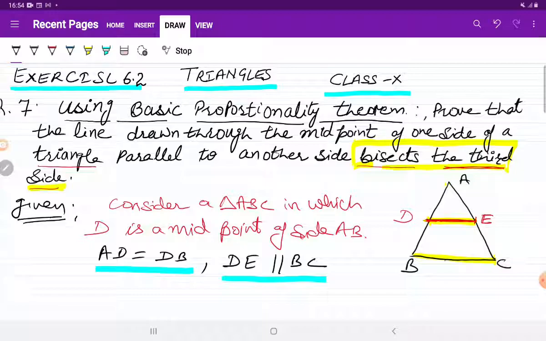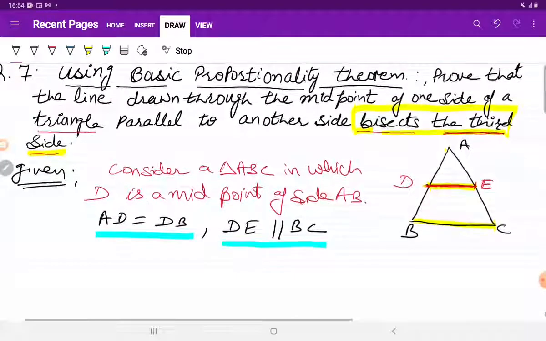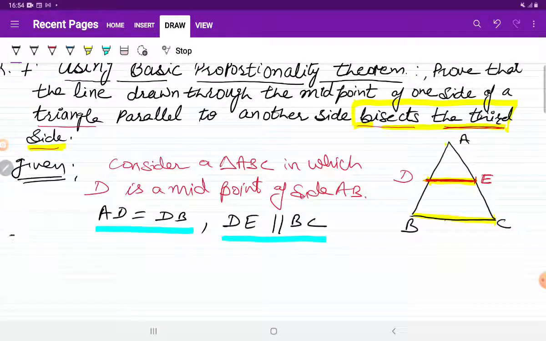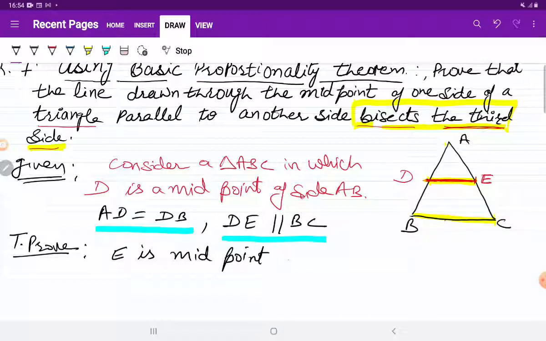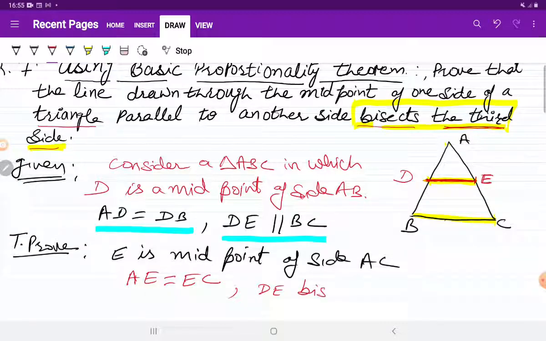Okay. So what is to prove? Your to prove is that DE bisects the third side, meaning to say AE is equal to EC, or you can prove E is a midpoint of side AC, or you can say that AE is equal to EC, or side DE bisects AC.